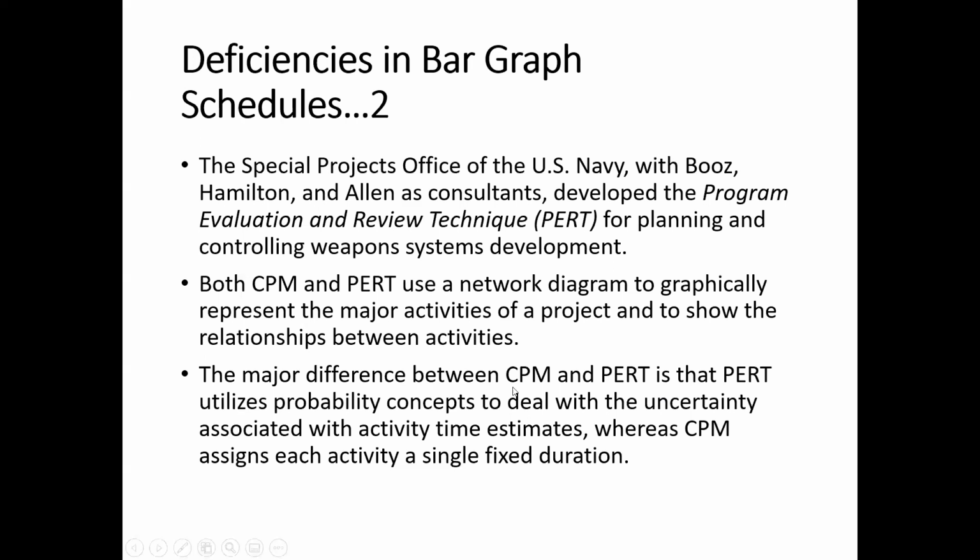If the project is relatively conventional, such as a construction project, then the critical path method is used, because it uses a single fixed duration, whereas PERT uses three time durations: pessimistic time, optimistic time, and the most likely time. So in this chapter, the critical path method has been explained.